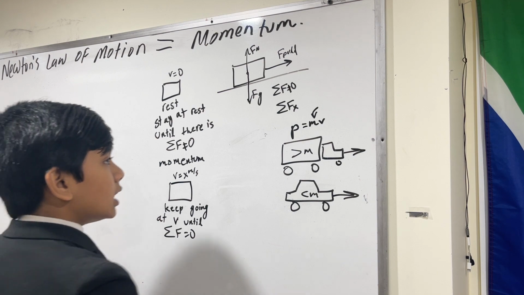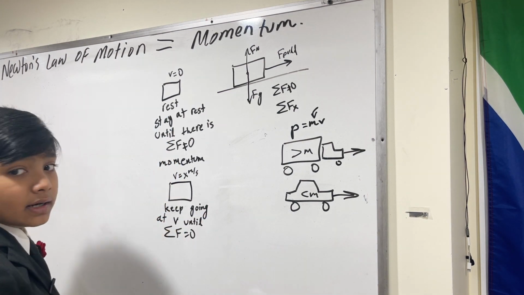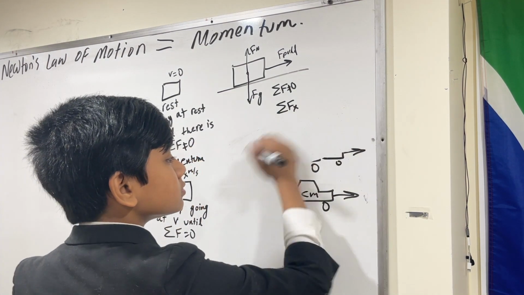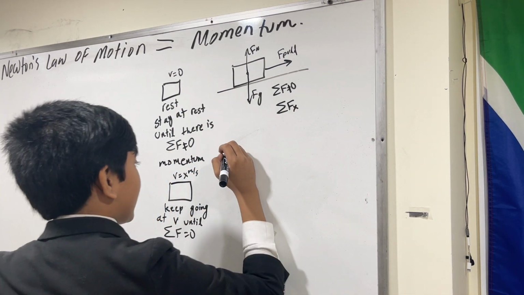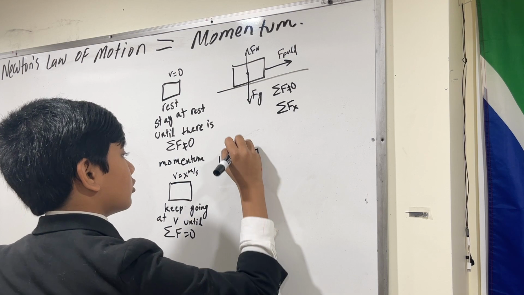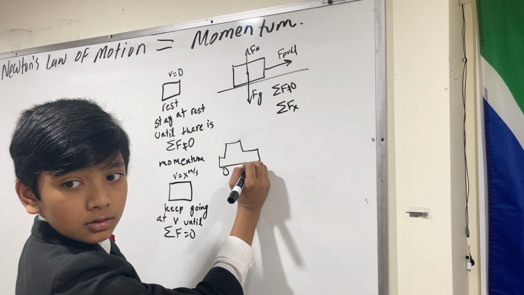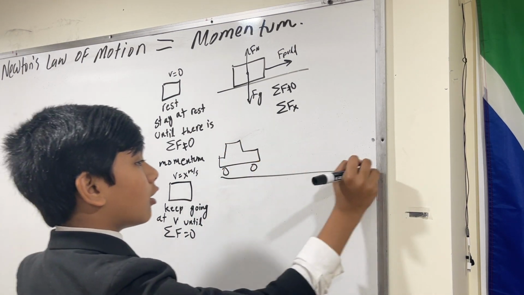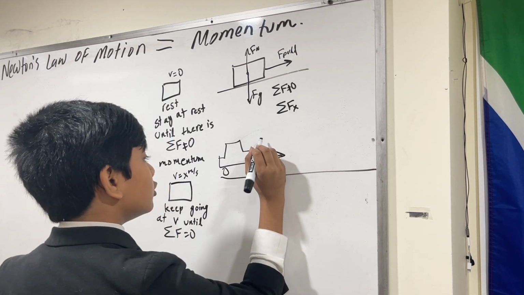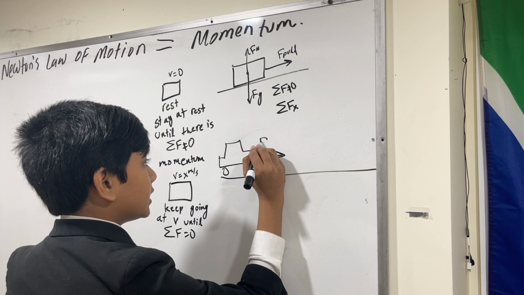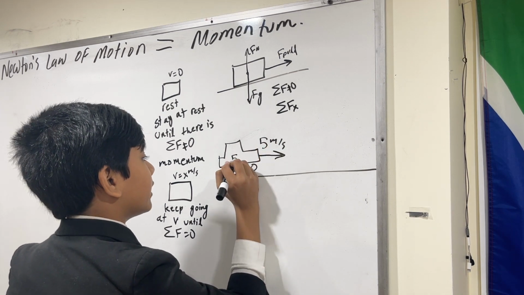So now, let's explore a scenario where we just have a car riding on the road. Just one lonely car. Let's say this car is moving at 5 meters per second and it's 50 kilos.